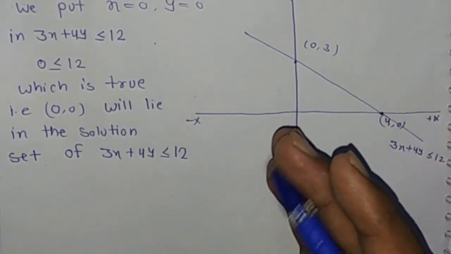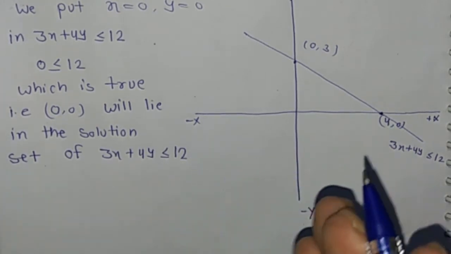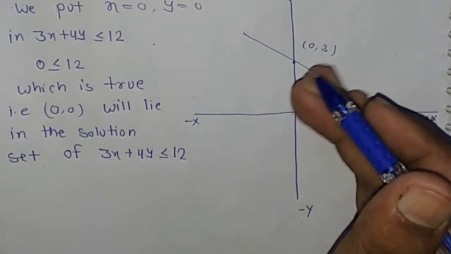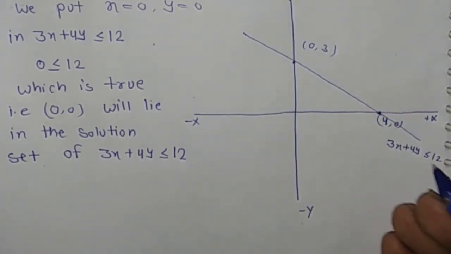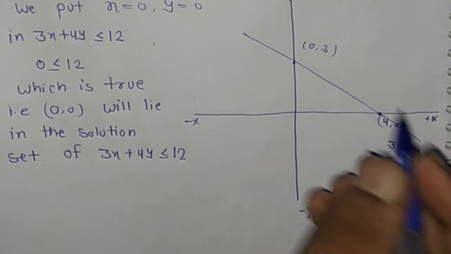Since 0, 0 will lie in the solution set of 3x plus 4y is less than or equal to 12, it means we take the region below the line 3x plus 4y equal 12. It is 3x plus 4y equal 12.